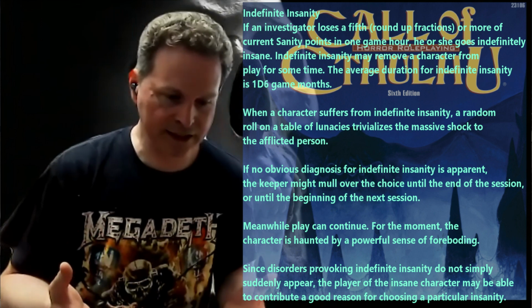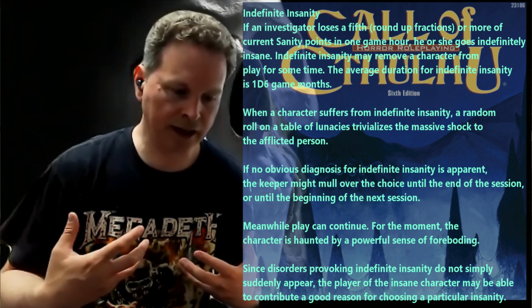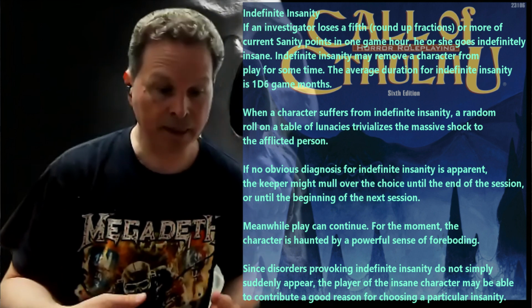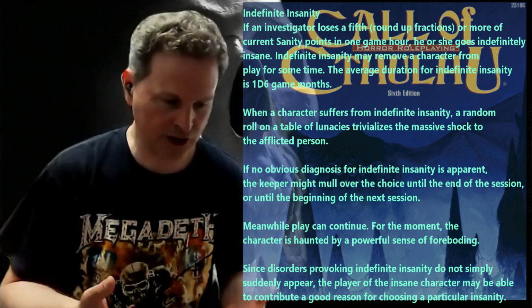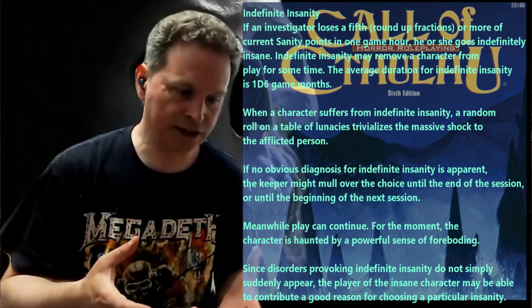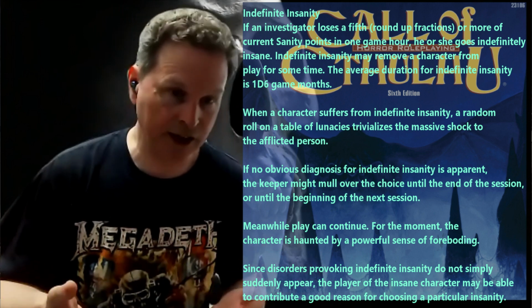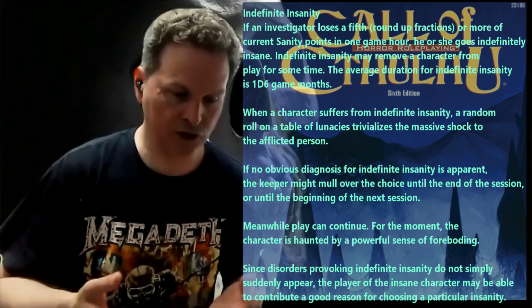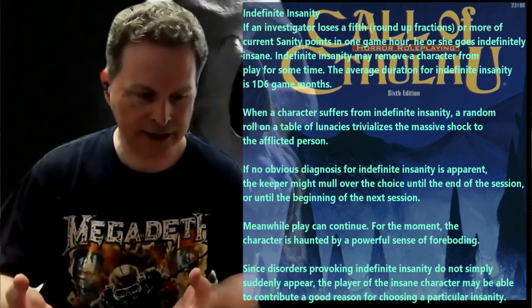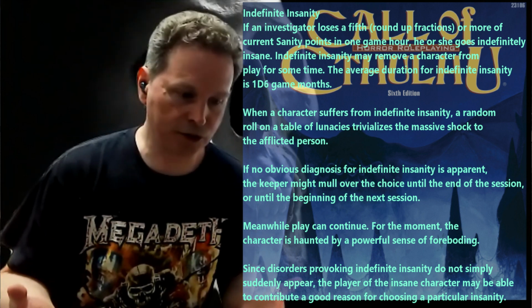But what it recommends is that the keeper of arcane lore come forward with a suggestion, and the player come forward with a suggestion, and they figure out what is the most appropriate way to represent these effects in the character, right?